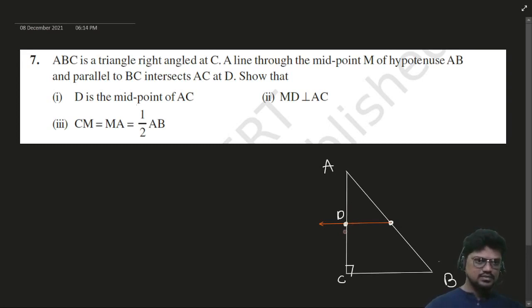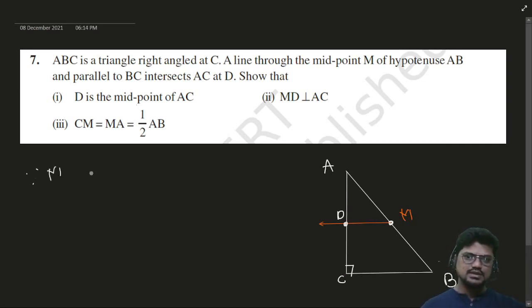Yeah, you can say that since M is the midpoint of AB and MD is parallel to BC, therefore by midpoint theorem we can say that D will be the midpoint of AC. Yeah, okay. You can also write it like this.